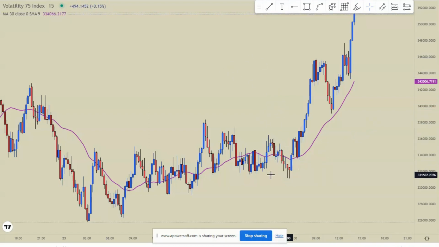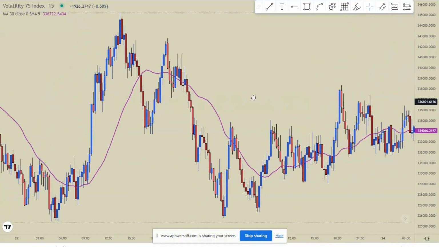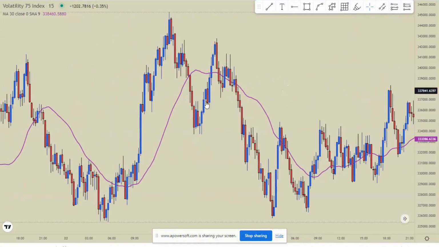This is a 30 period moving average. Let's say they are using this one, some of them are used on touches. If it moves up and then comes to retest this moving average, they will be taking buy entries. You can see that it's giving some kind of relevance to the market direction.